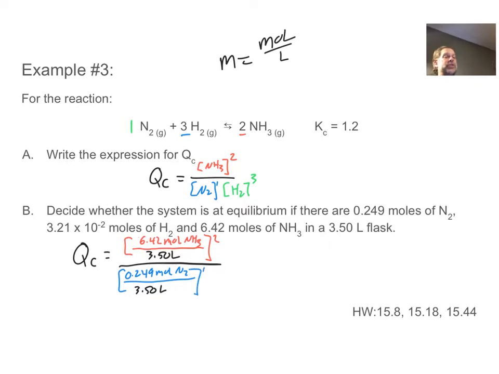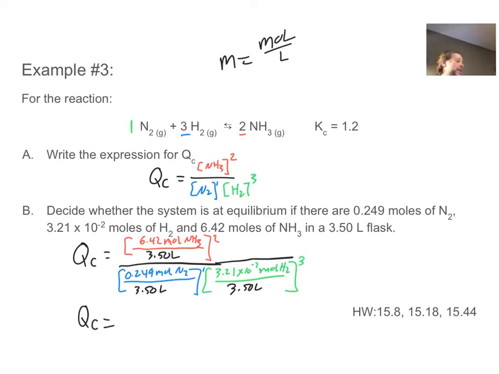And then in terms of H2, I'm going to take 3.21 times 10 to the minus second moles of H2, again over the 3.50 liters. So when I solve for QC, or the reaction quotient, I calculate the concentration. Oops, wait, I got to raise this to the third power. Better not forget about that. So I'm going to raise that to the third power.